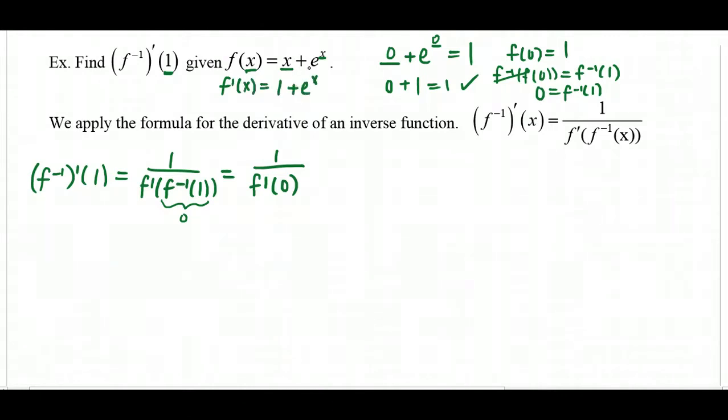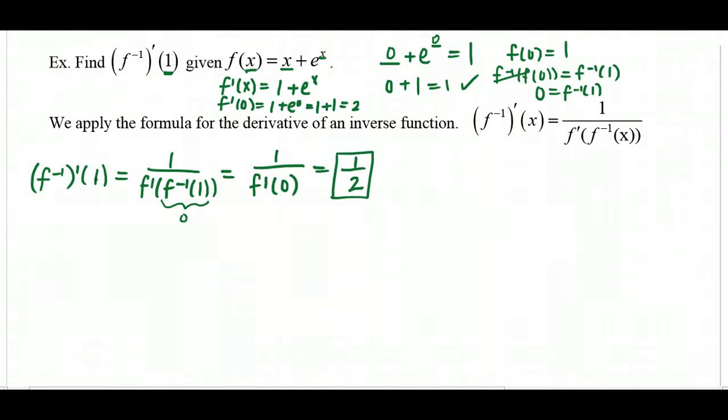So I'm taking the derivative of this function so that I can substitute 0 in. So f prime of 0 is 1 plus e to the 0, which is 1 plus 1, so that's 2. So now I can replace f prime of 0, this quantity in the denominator, with 2, so that my final answer is 1 over 2.